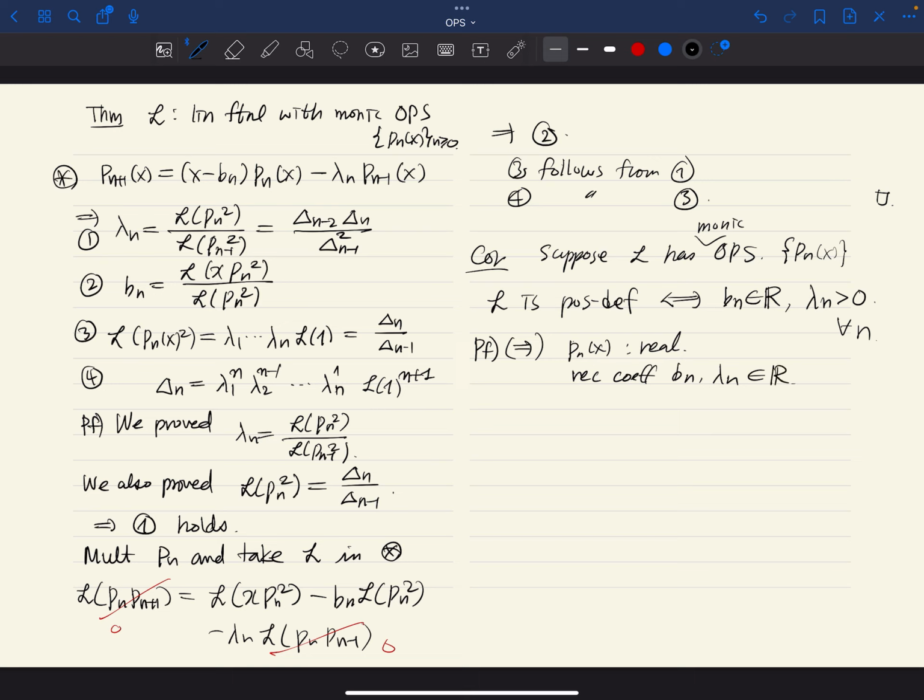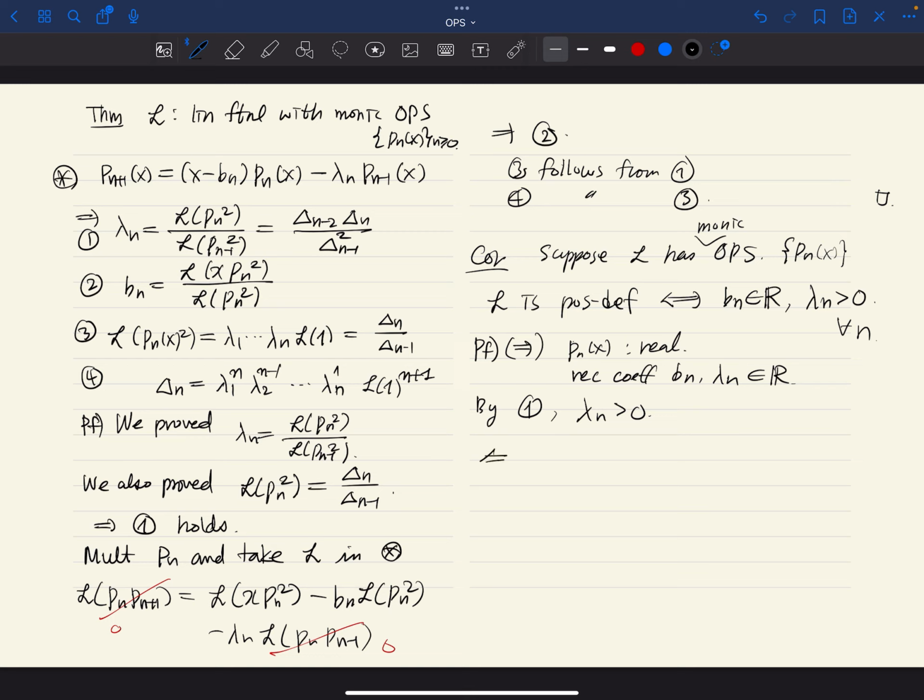You can check this by induction. So Bn is real, that's done. And it's positive definite, so by 4, we want lambda n to be positive. Lambda n is positive because this is a product of Hankel determinants which are positive because of positive definiteness. So this is done.